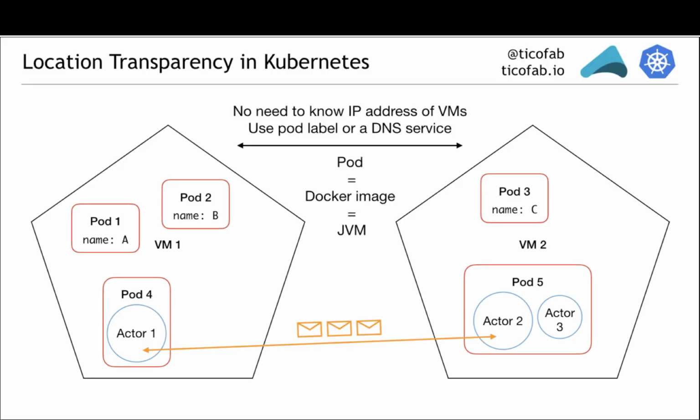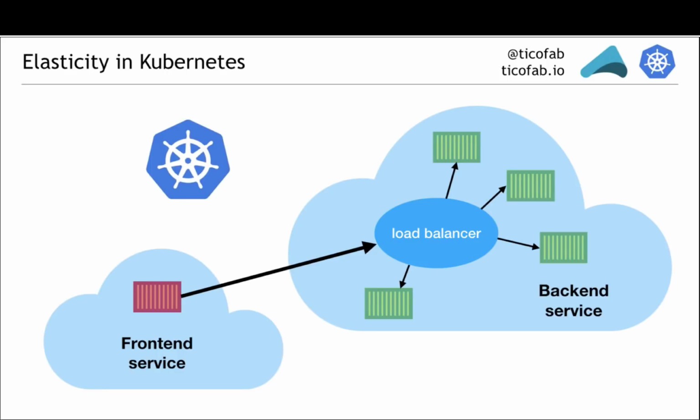And this goes on to the concept of elasticity in Kubernetes. The way it is most commonly referred to is that, let's say you have 2 services running on your Kubernetes cluster, a front-end service and a back-end service. And the front-end service only has one pod running, but the back-end service has multiple pods.